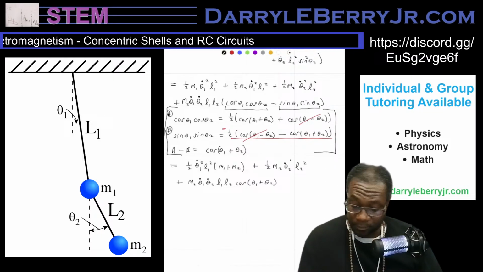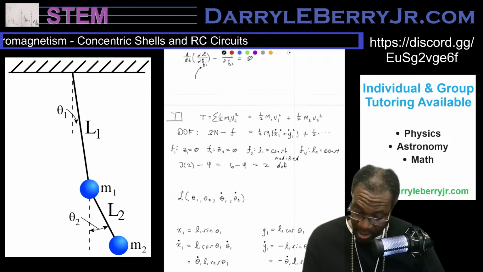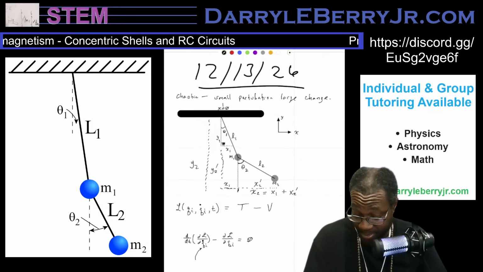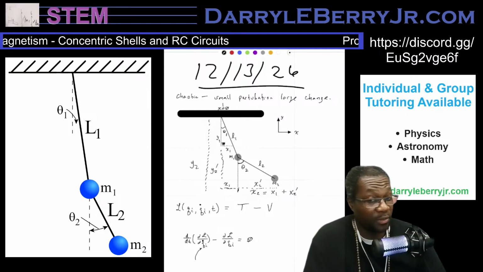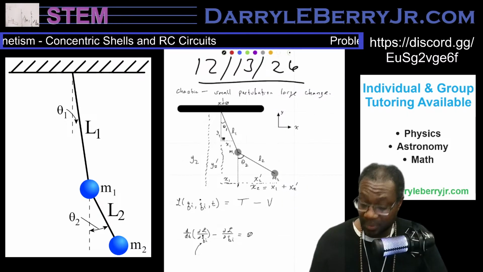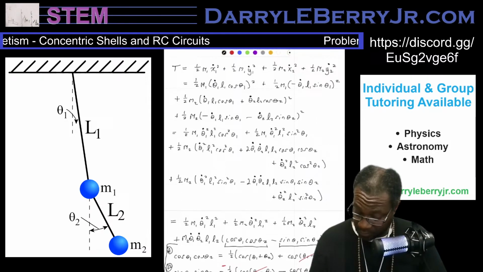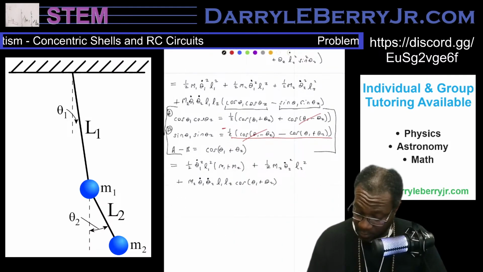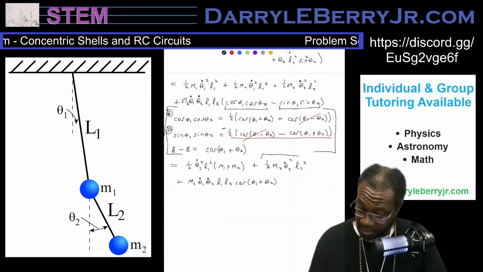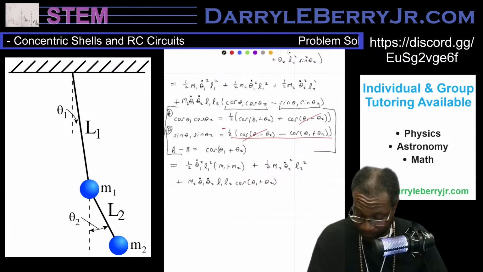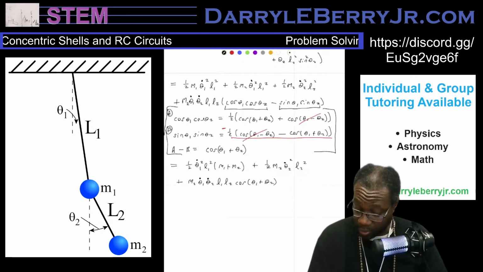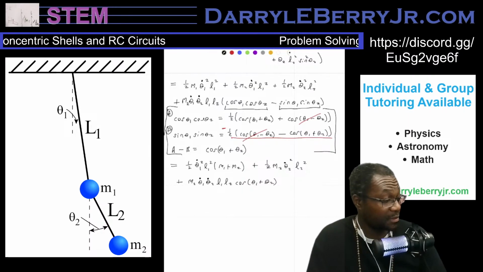We have theta 1 carries both masses. So when theta 1 moves, we can see that both masses move. Theta 2 carries only the second mass. So that's why the first angle has both M1 and M2, and the second angle has only M2. But then there's sort of a cross term for both masses.